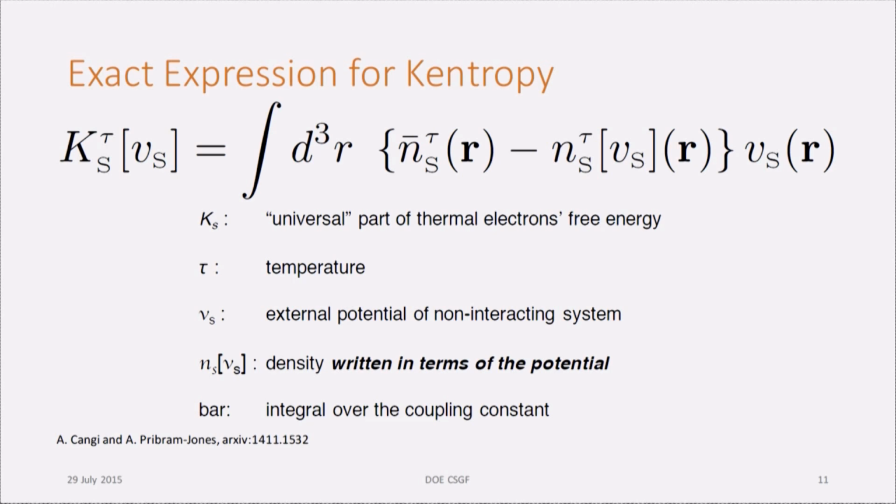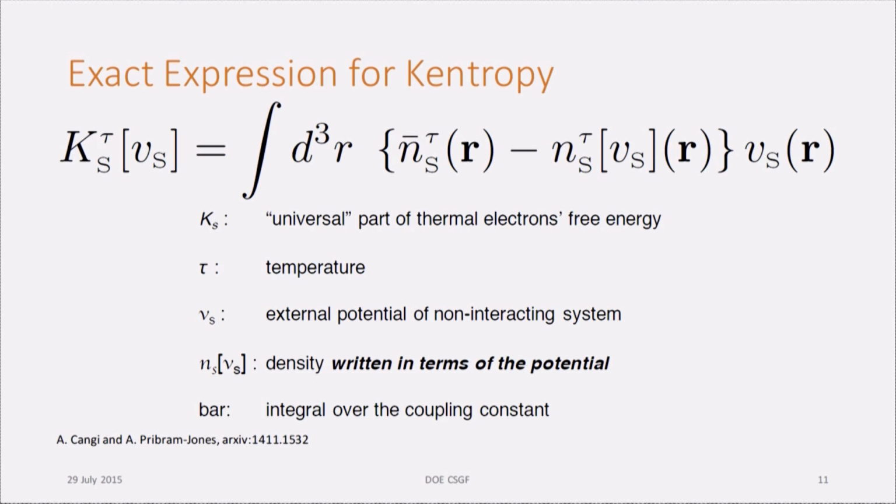So that's this energy here, and we have written it in terms of the potential, and the way that we've done that introduces no additional error on top of a density functional in terms of the potential. So what that means is all I have to construct is an approximation for the non-interacting density in terms of the potential, and if this is highly accurate, I will get a highly accurate energy out with no additional error added on top of that.